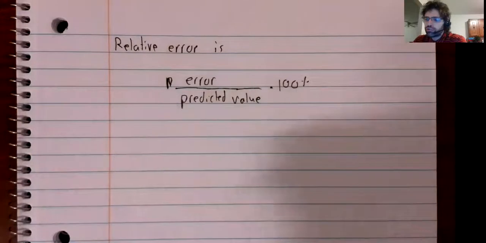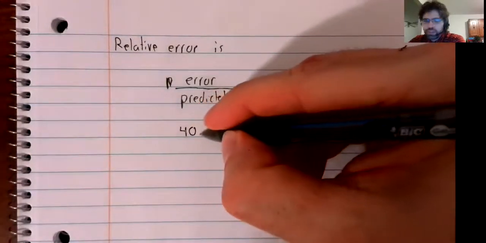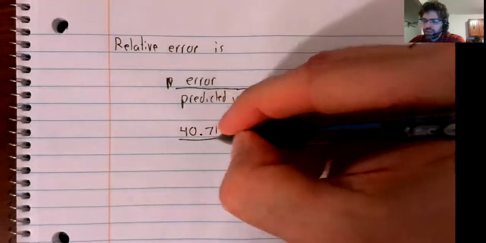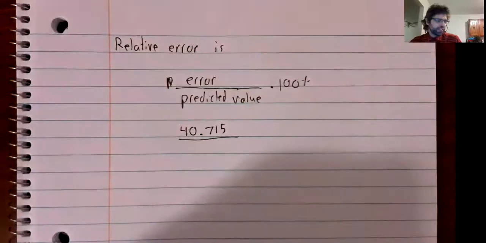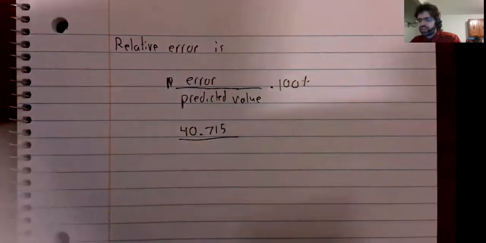We define the relative error, which is the error divided by the predicted value.